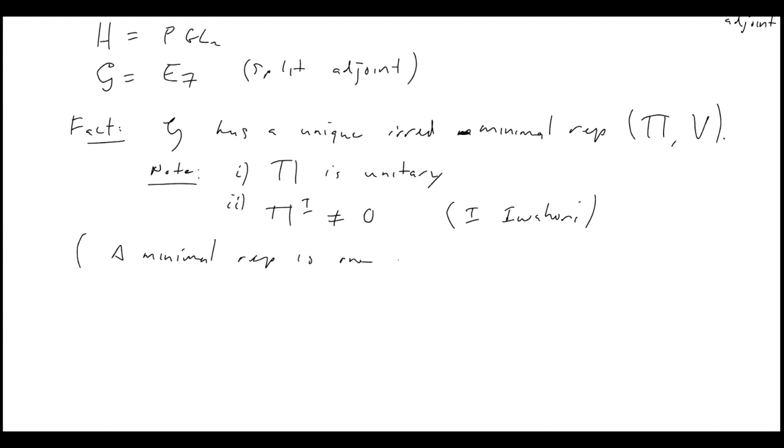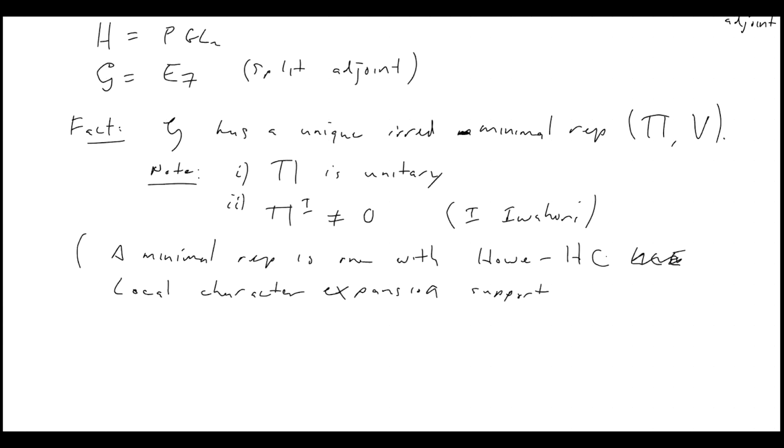So a minimal representation will be one with a Howe-Harish-Chandra local character expansion that's supported in the closure of the minimal nilpotent orbit.